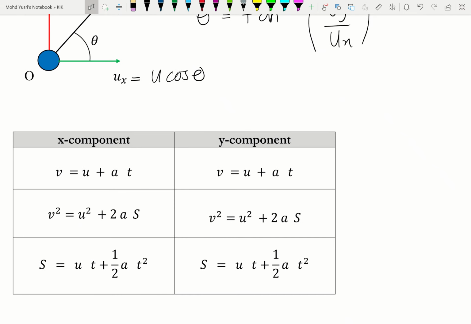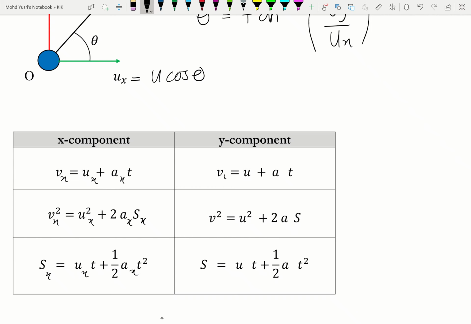On the other hand, all the equations in subtopic 2.2 can be written into two separate components, x component and y component, which is simply vx is equal to ux plus axt, vx square is equal to ux square plus 2ax sx, and sx is equal to uxt plus half axt square.